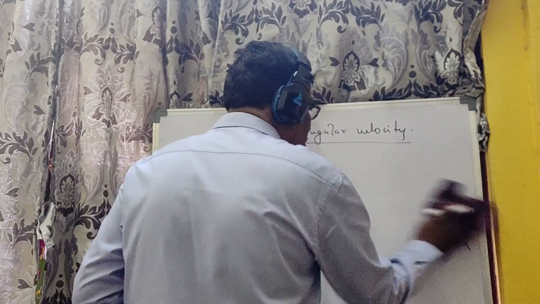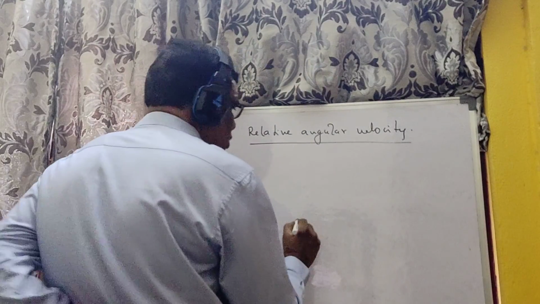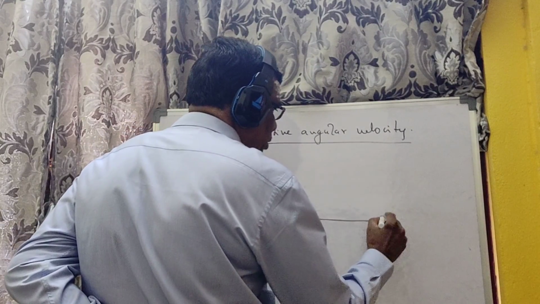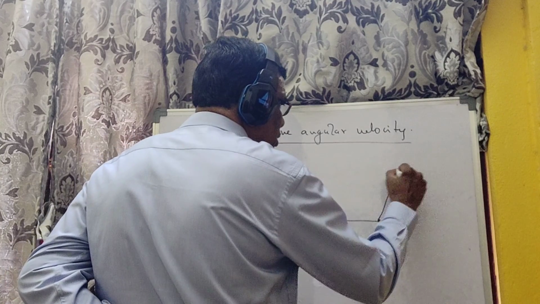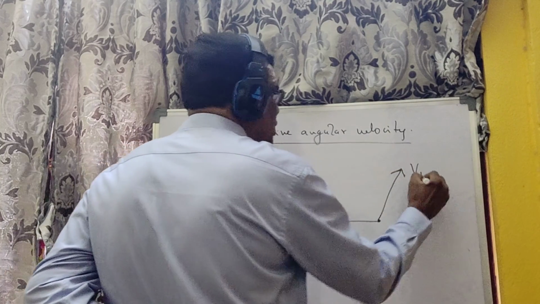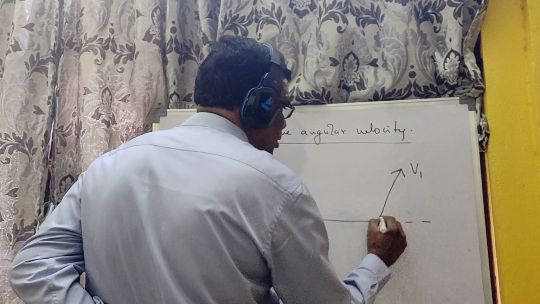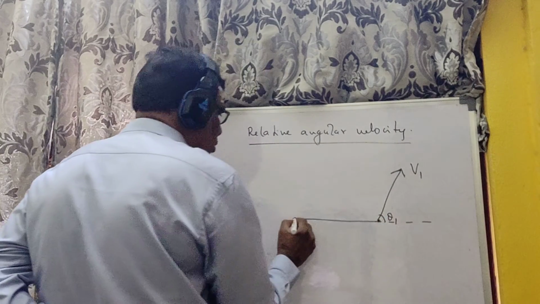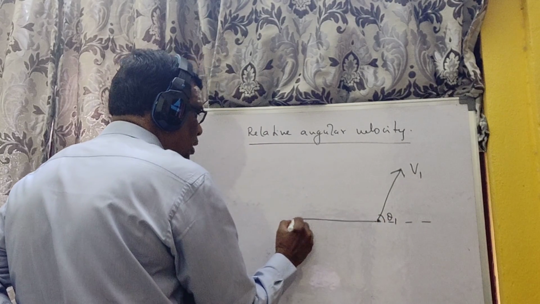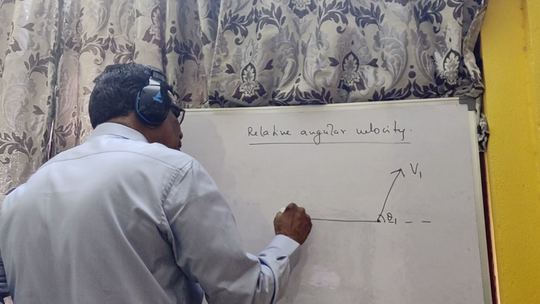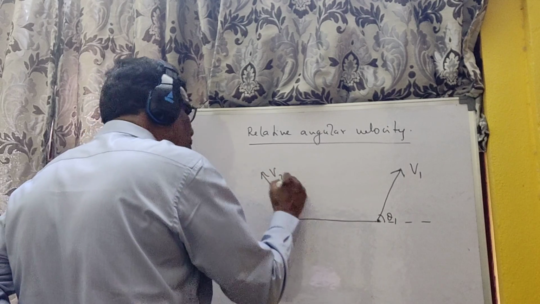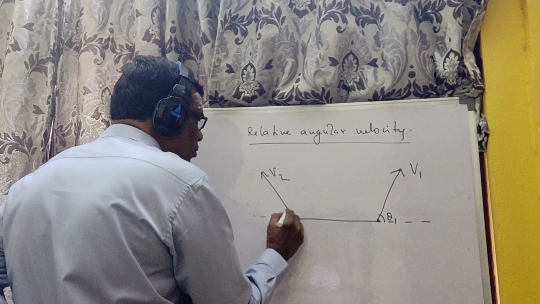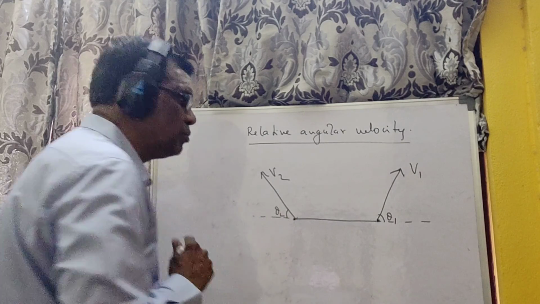Okay? Now, what do I do? So far, I have given you perpendicular velocities. Suppose this is V1 and this is theta 1, and say this is V2 and this is theta 2.